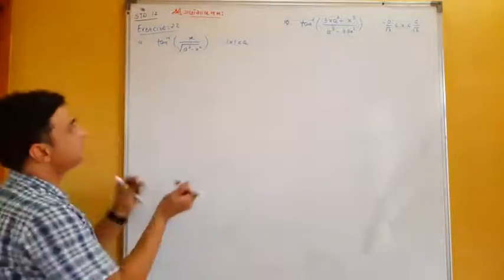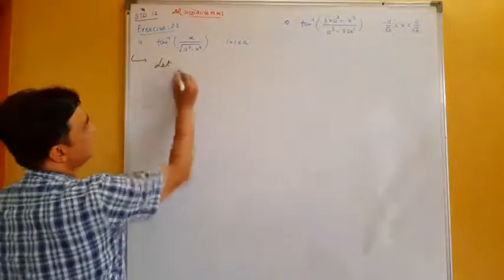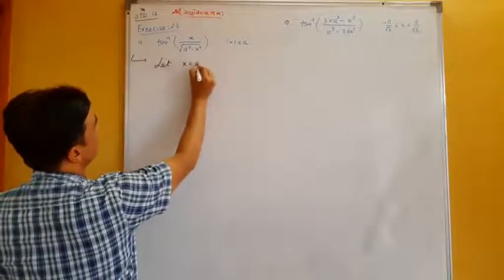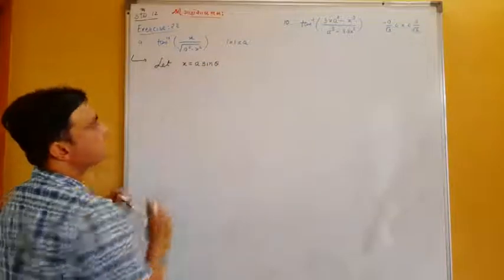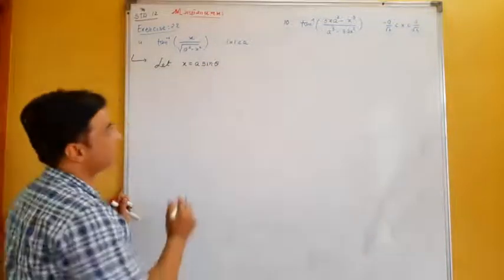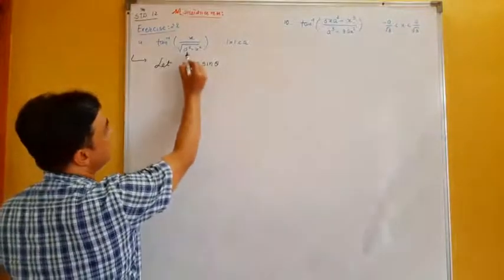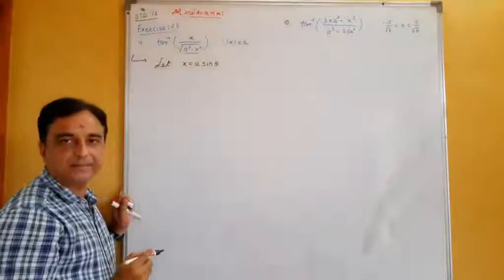So now let x equal to a sin theta. So due to that we can simplify under root a square minus x square.